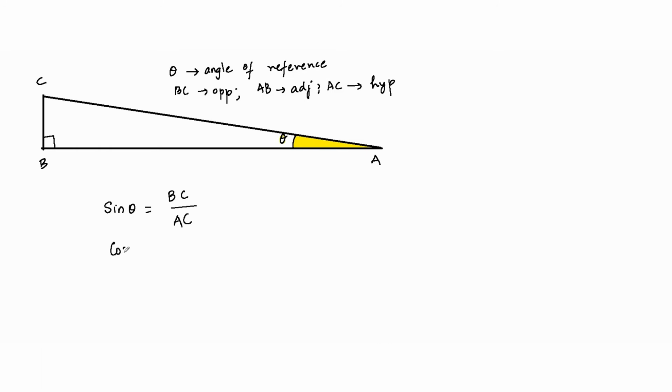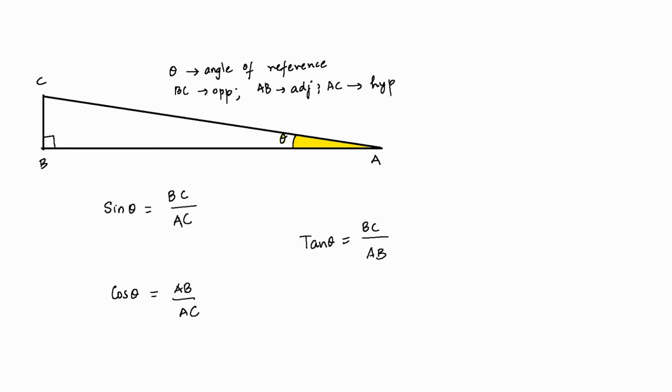Similarly, cos theta is going to be the adjacent side, AB, divided by the hypotenuse AC. And now we have tan theta. So tan theta is going to be opposite length, which is BC, divided by the adjacent length, which is AB. So these are the three trigonometric ratios for the angle theta.